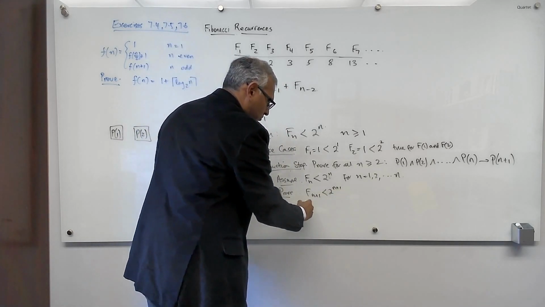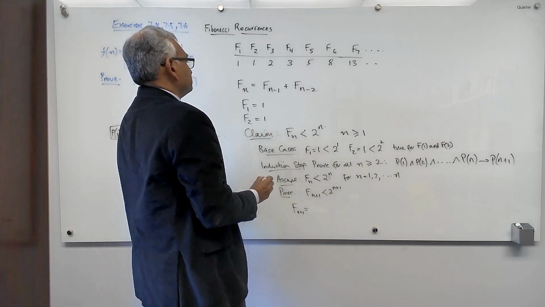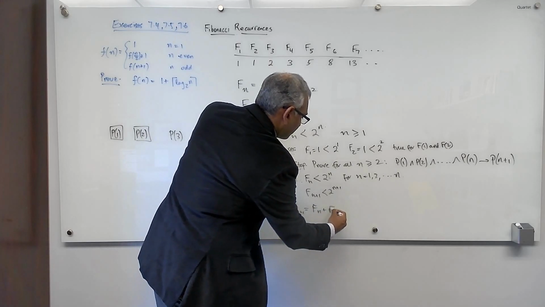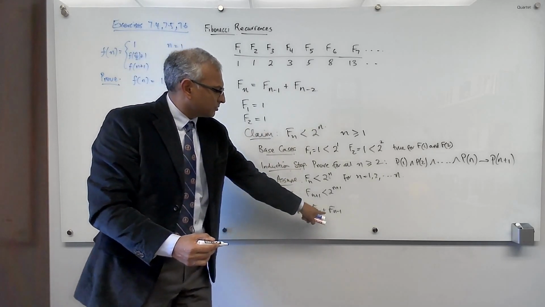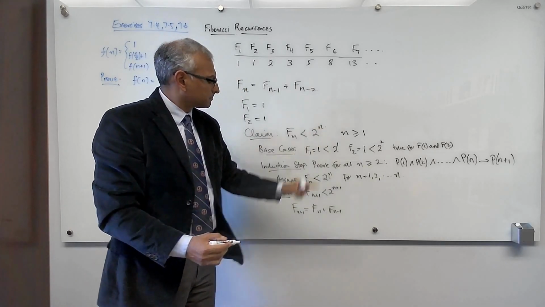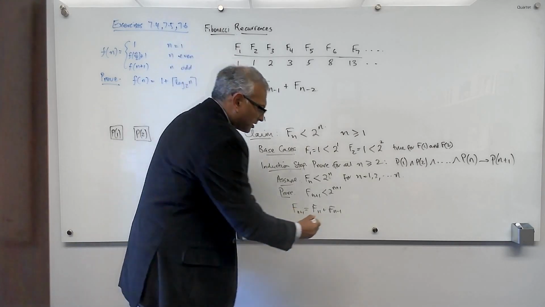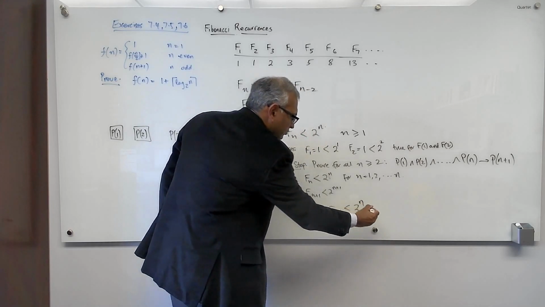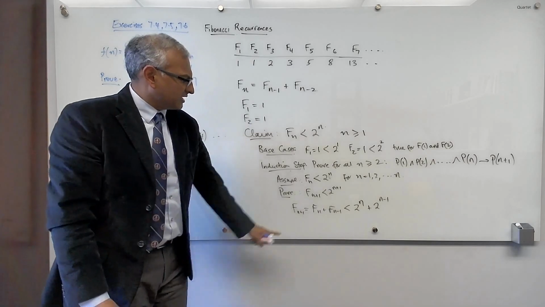But we do know that F(n+1) is equal to F(n) plus F(n-1). Okay, this is less than or equal to 2 to the n, and this is less than or equal to 2 to the n-1. And that's the induction hypothesis.